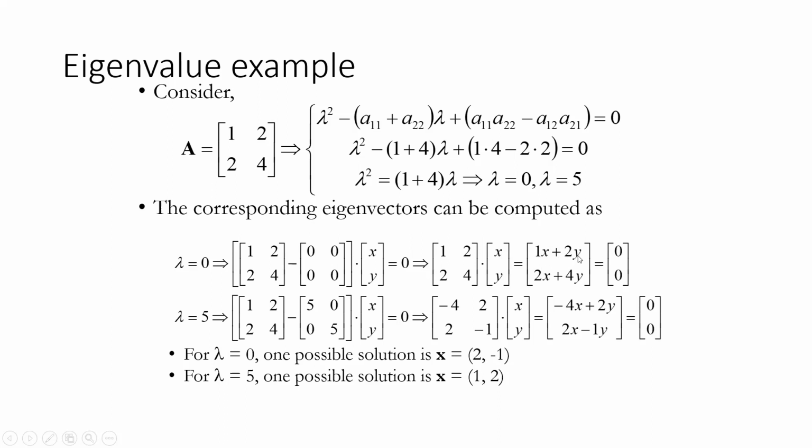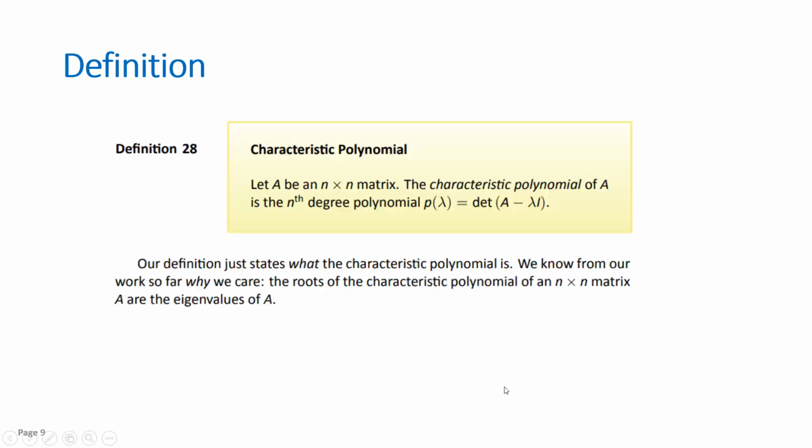So 2 comma minus 1 is a solution. The same holds for 2x plus 4y. So for lambda equal to 0, we have the x vector as 2 comma minus 1. For lambda equal to 5, by solving these equations, we get the x component as 1 and the y component as 2.